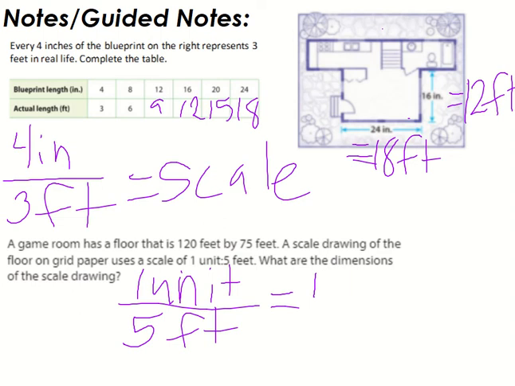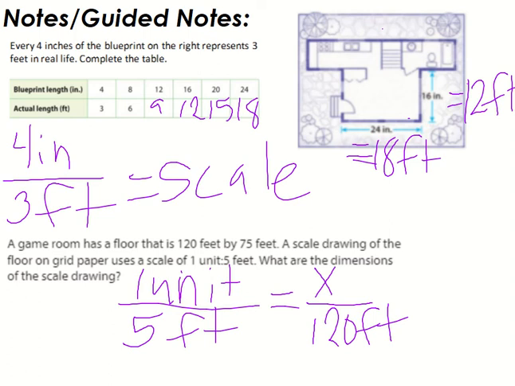So what we're trying to find out is the scale. Since I don't know the scale, I'm going to put a variable x, but I do know what it is in real life, 120 feet. So this is our proportion. For a proportion, there's two ways we can solve this.